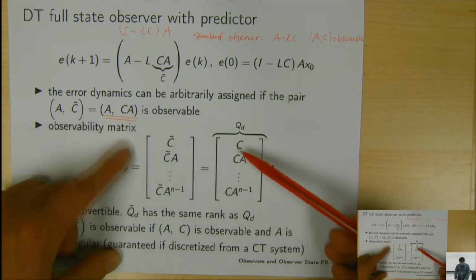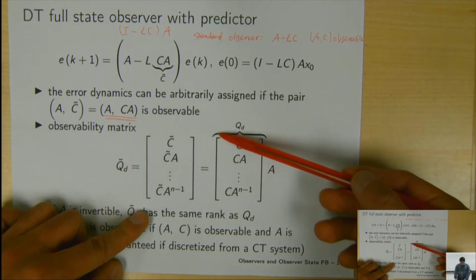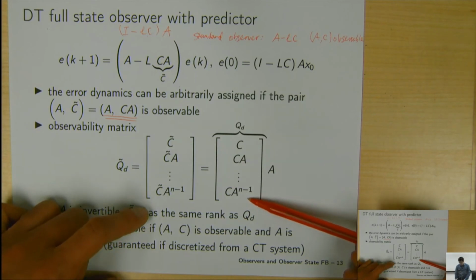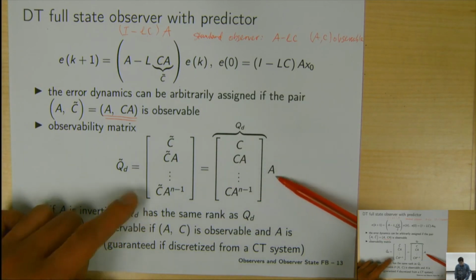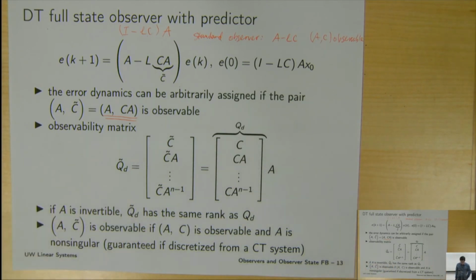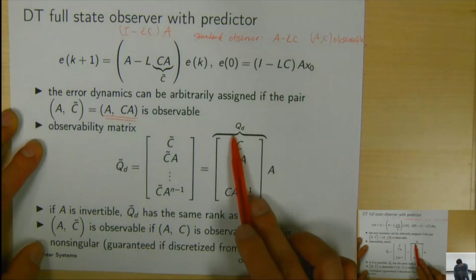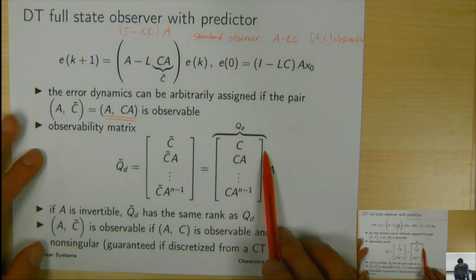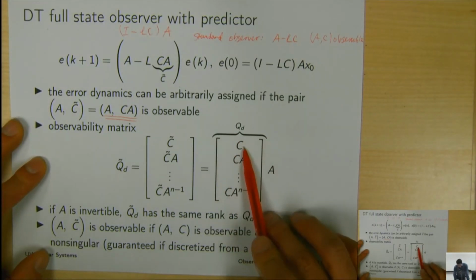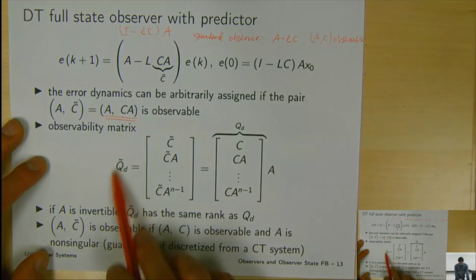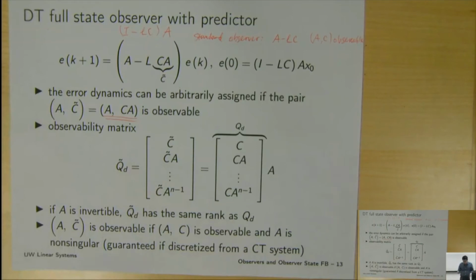It's actually equal to the regular observability matrix times A. So if this observability matrix Q_O has full column rank, and if A is invertible, you can see that Q_O tilde will have the same rank.